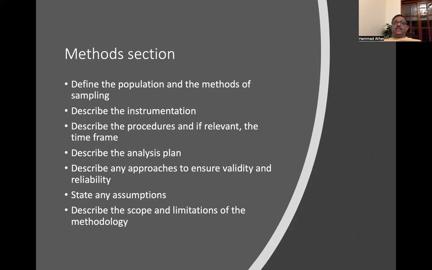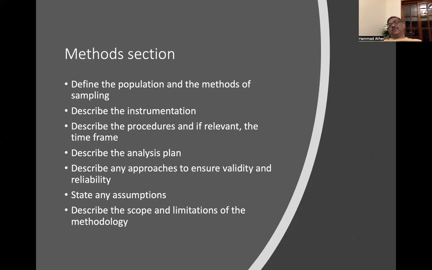Again, just to summarize, the method section should define the population and the methods of sampling, describe the instrumentation, describe the procedure, and if relevant, the time frame it was done in, the analysis plan, and approaches to ensure validity and reliability.